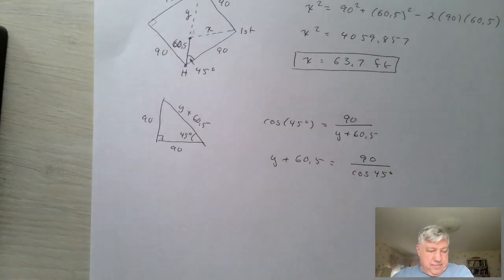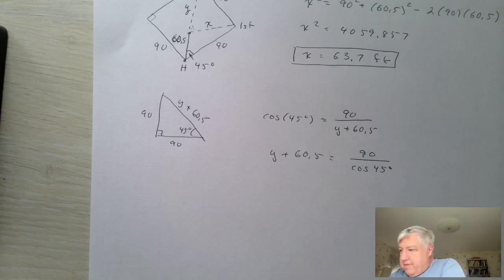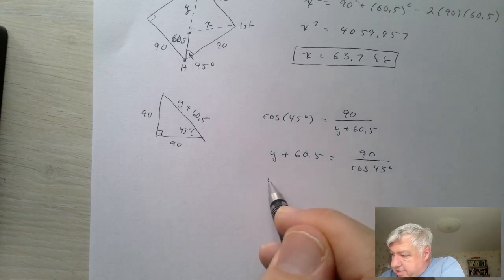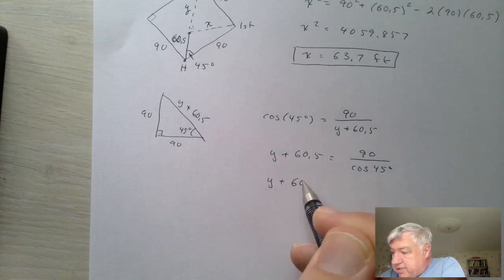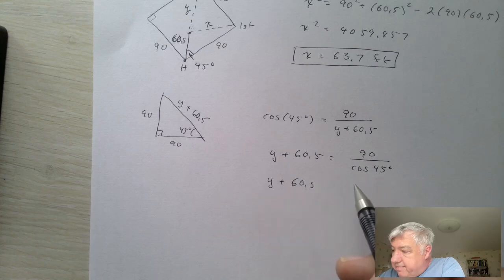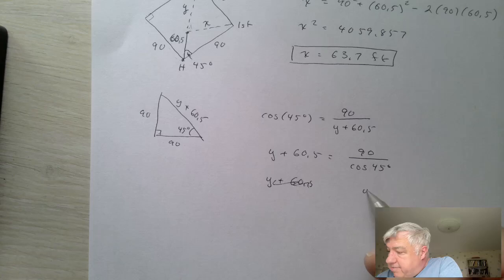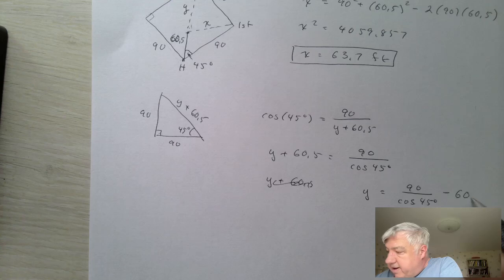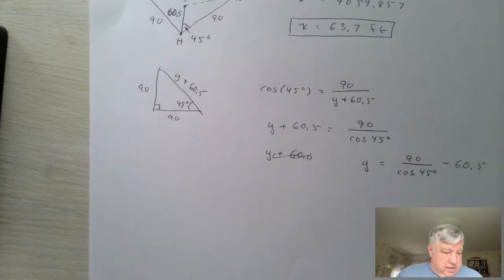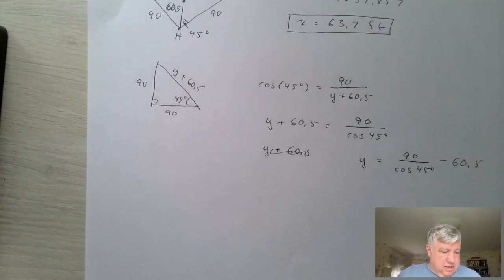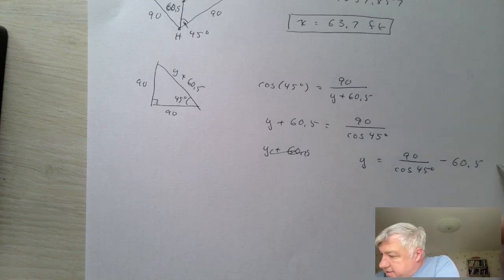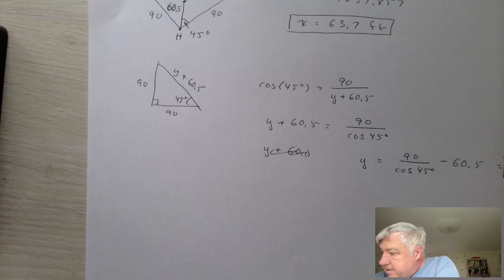Then we can just subtract, so y is going to be 90 over the cosine of 45 degrees minus 60.5. And I guess this is 66.8 feet.